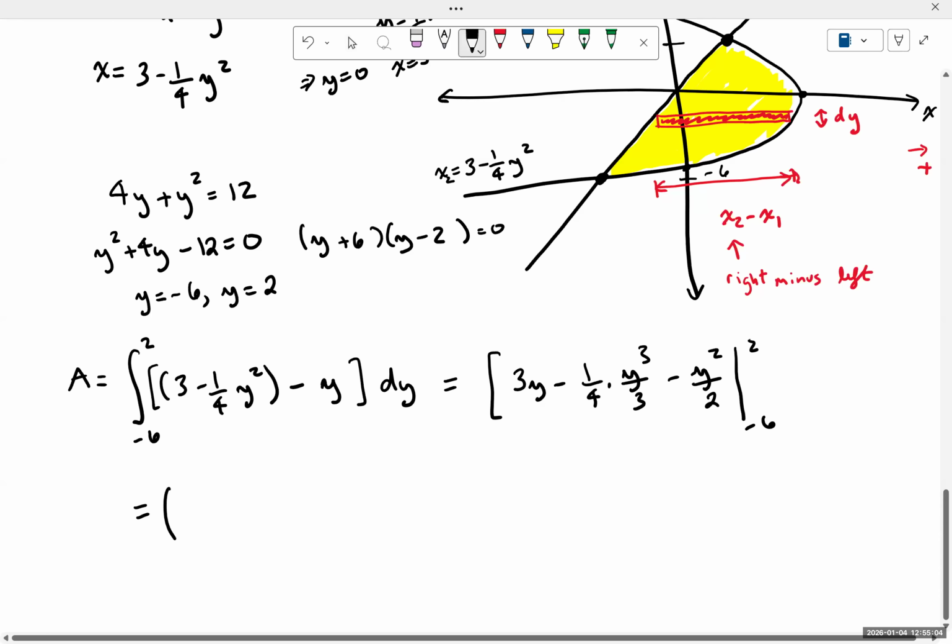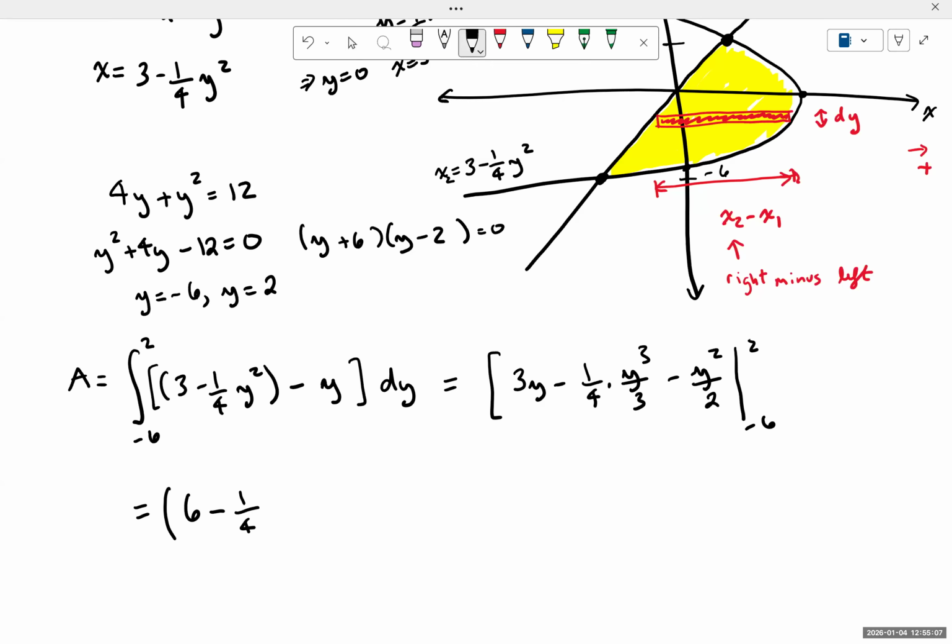So let's see what I have. 6 minus 1/4 times 8/3 minus 4, minus negative 18 minus 1/4 times, oh, but what the heck? Yeah, that works. Okay, wait, I have to be careful about my negatives. Minus 36 over 2. Okay, that's it.